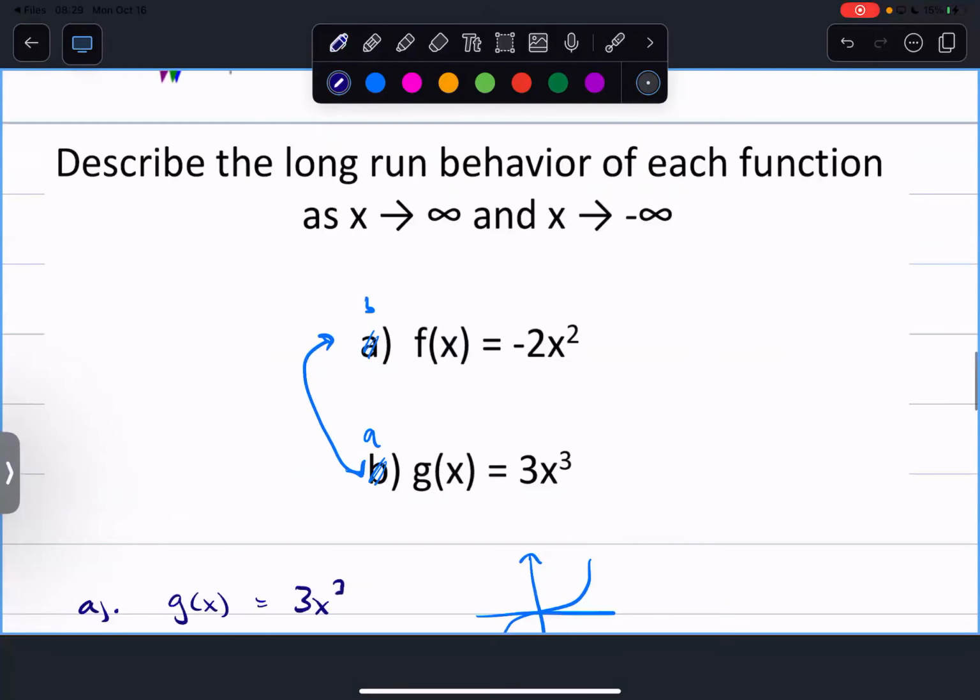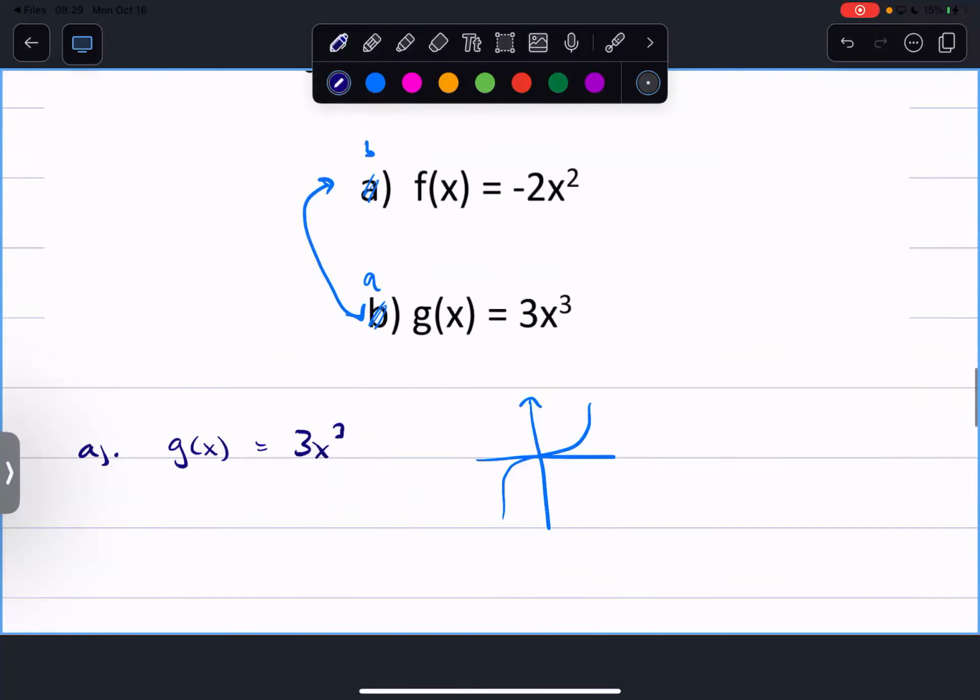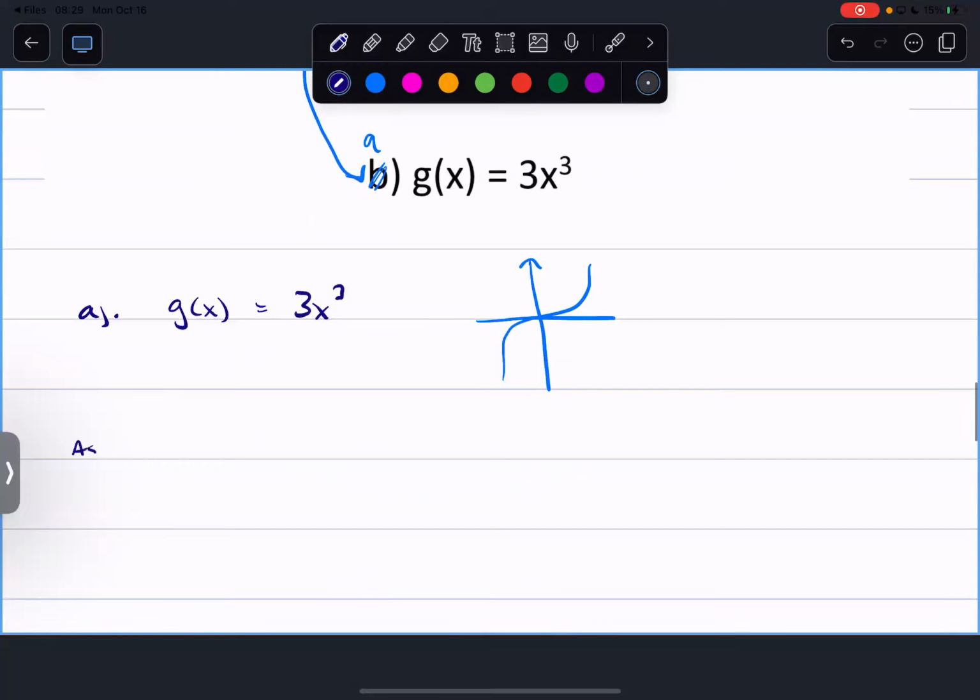We were just asked to describe the long run behavior. So as x goes to infinity, g of x is going to go to positive infinity as well. And as x goes to negative infinity, g of x is going to go to negative infinity.